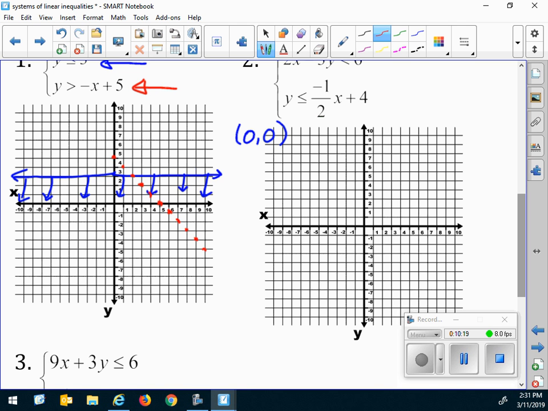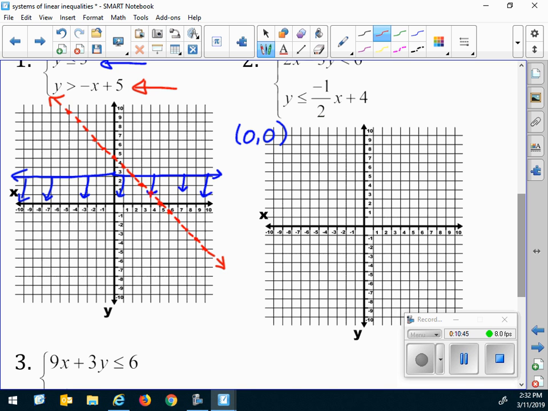Now you told me what kind of line? Dashed. Make a dashed line through those points. Where are the solutions?